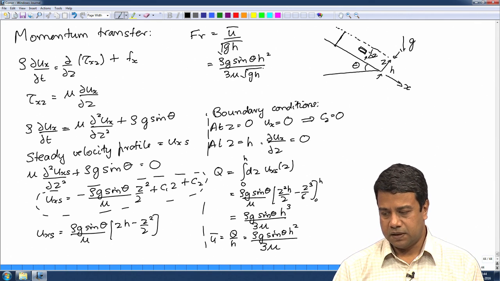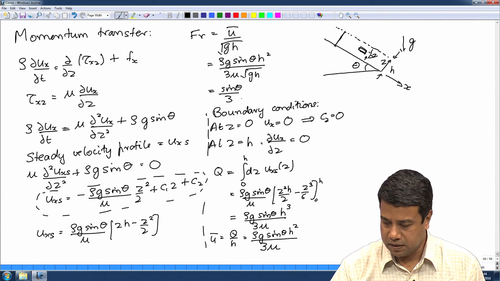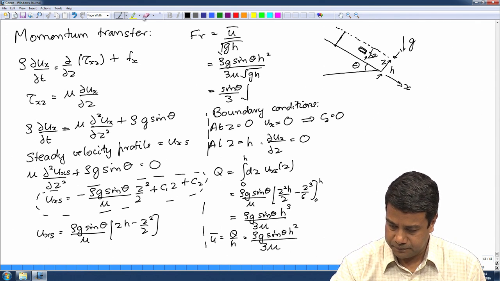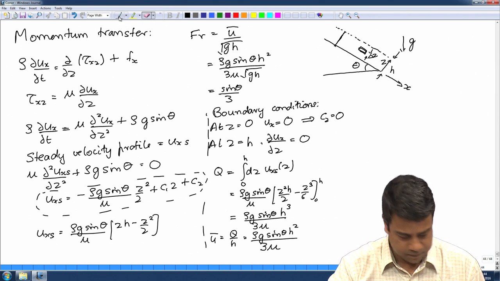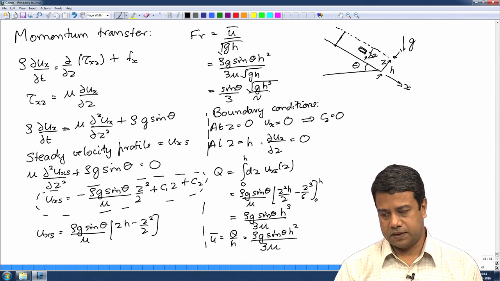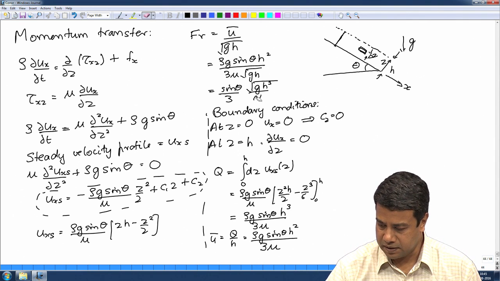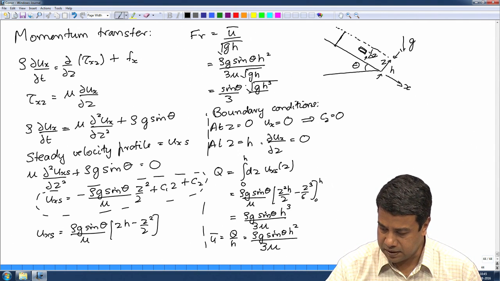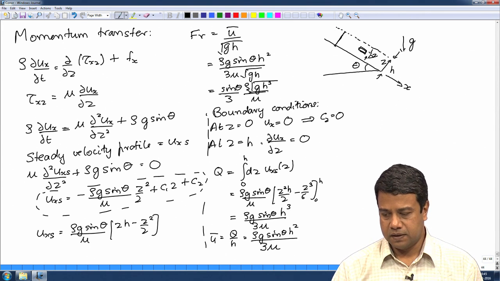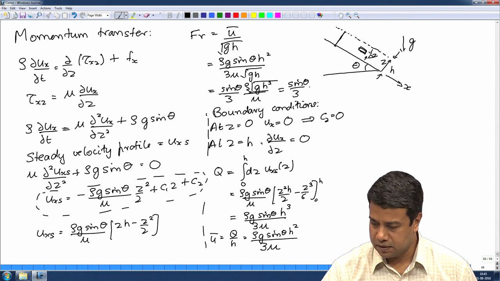You can simplify this. Basically, you will get sin theta by 3 into square root of g h cubed divided by the kinematic viscosity, since the ratio of density to viscosity is the inverse of the kinematic viscosity. So, I can write this as sin theta by 3 root of g h cubed by kinematic viscosity.